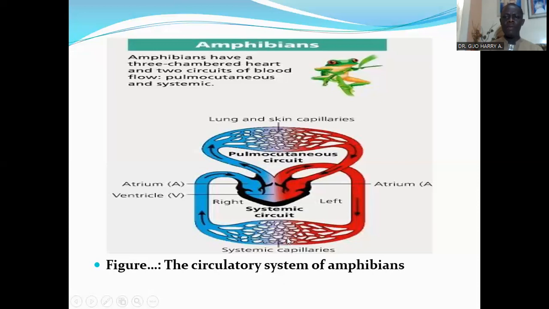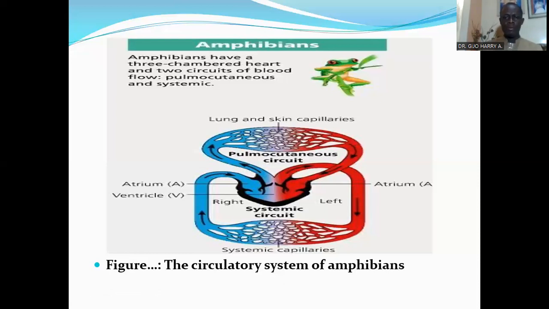Now, this flow of the blood from the heart to the lung and skin to receive oxygen is referred to as the pulmocutaneous circuit or pulmocutaneous circulation.